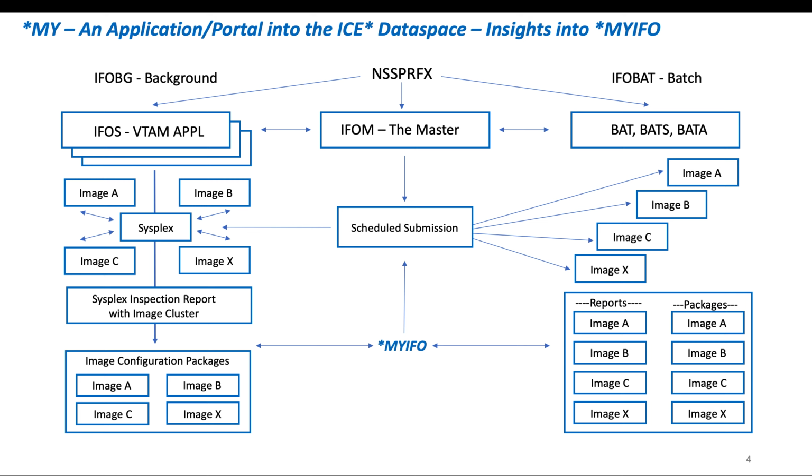Now, the major function of MYIFO is to bind, in essence, these two views of the environment together and to present it in a consistent way that would allow you to quickly navigate to points of interest and resolve problems.